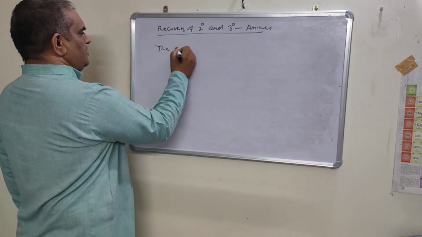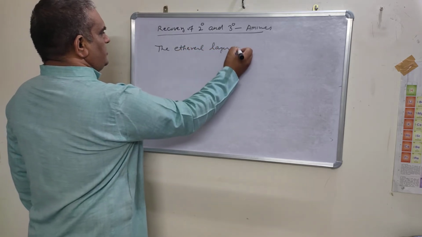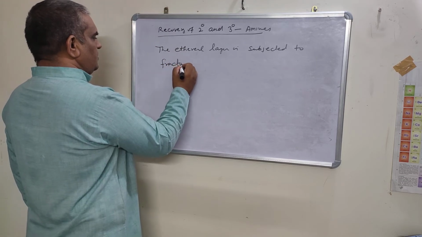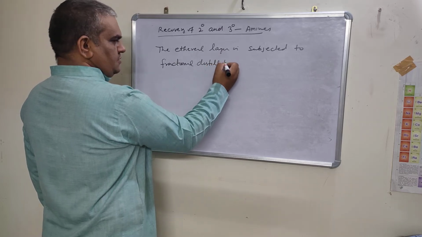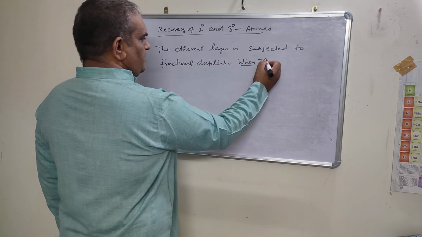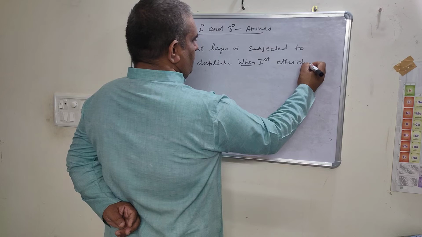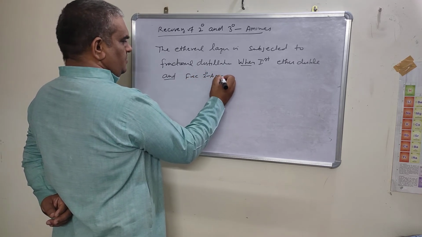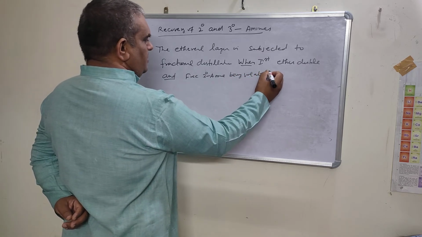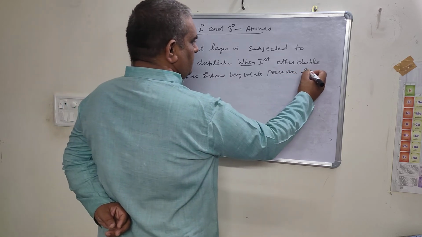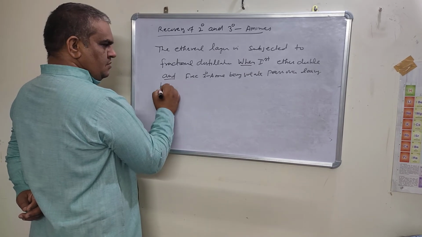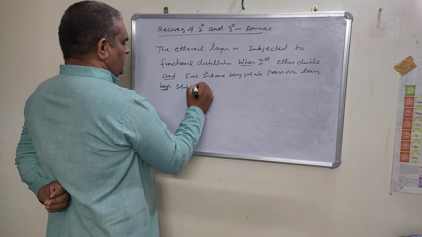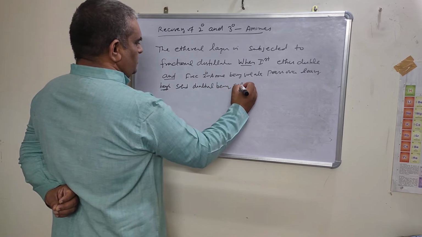The ethereal layer is subjected to fractional distillation, when first ether distills, and free tertiary amine, being volatile, passes over, leaving behind the solid dialkyl benzene sulfonamide.